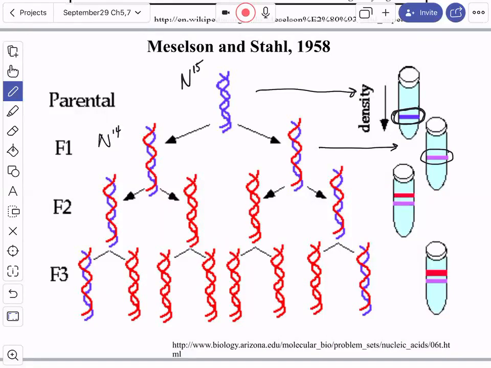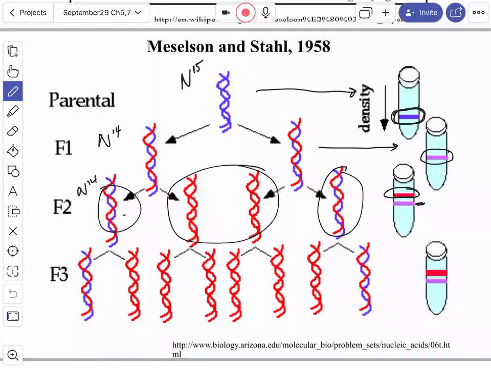And then if you took some cells out after 2 generations, now you're still getting some hybrid DNA, so you get this hybrid band still, but then you've got some cells that have only been grown on that lighter regular nitrogen, so you get a band that's even lighter. Okay, and then if you kept going, this hybrid band would get thinner and thinner, and you get more and more DNA that's just from the light nitrogen.